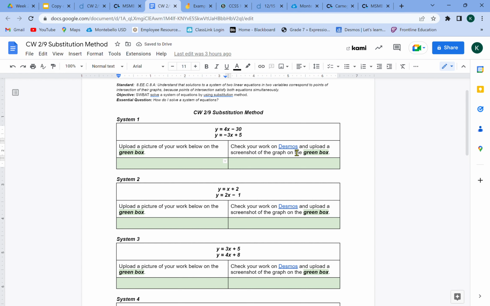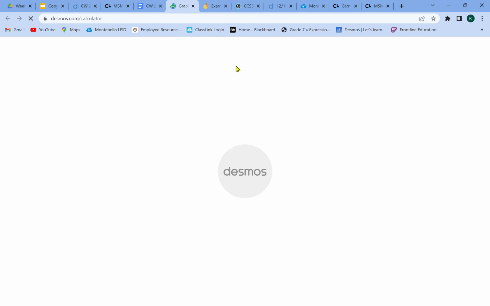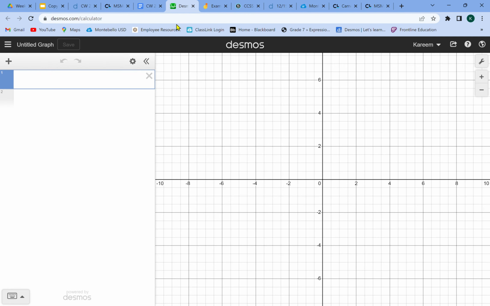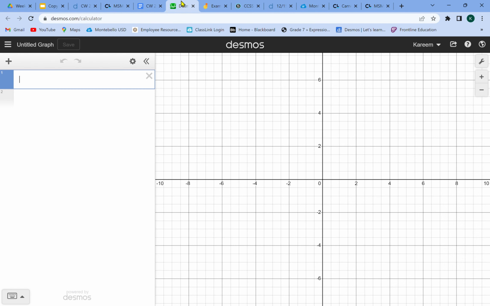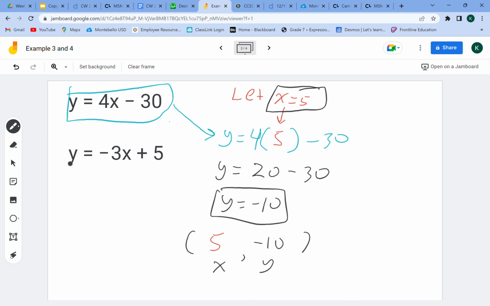So what I do is I go here to the document, and I click Desmos. Okay, and then I'm going to plug this in right here. So I have y equals 4x minus 30. So I type in y equals 4x minus 30. Okay, and then I type in the other one right here, y equals negative 3x plus 5.